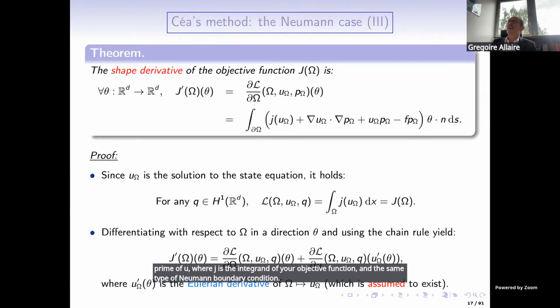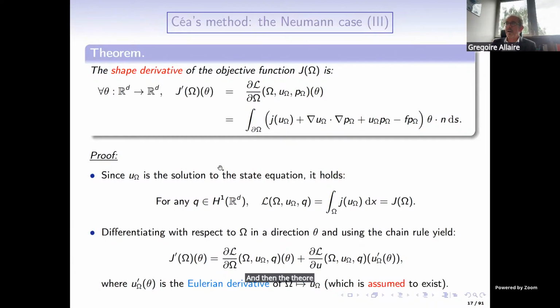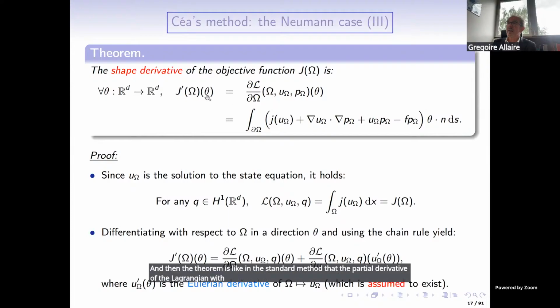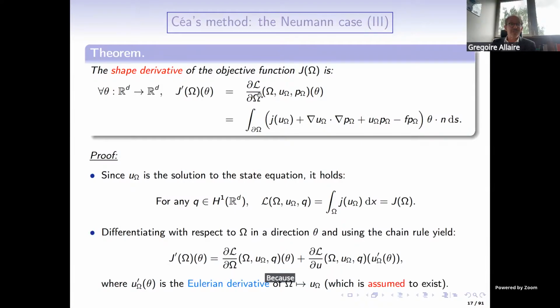Then the theorem is, like in the standard method, that the partial derivative of the Lagrangian with respect to omega is precisely the derivative of the objective function. Differentiating the Lagrangian with respect to the shape is a partial derivative with u and p fixed.